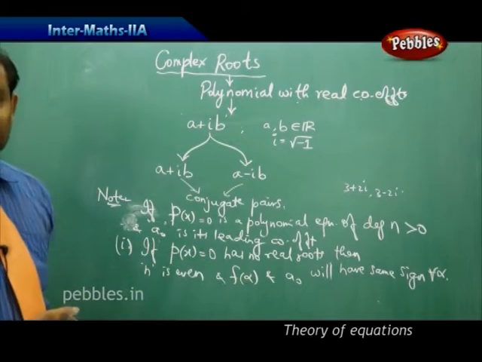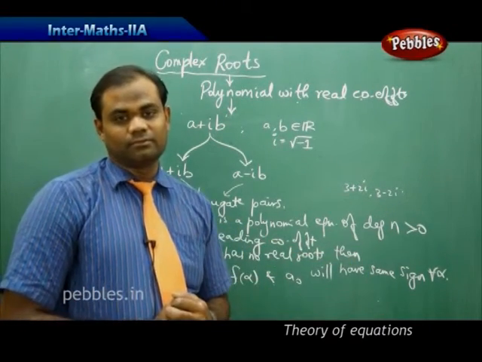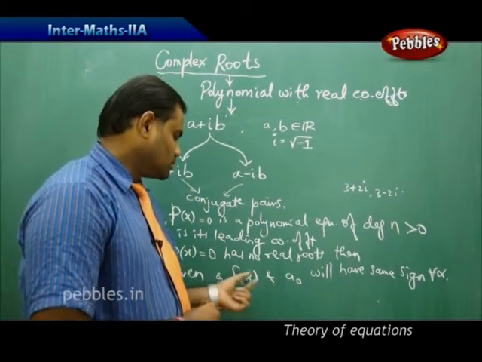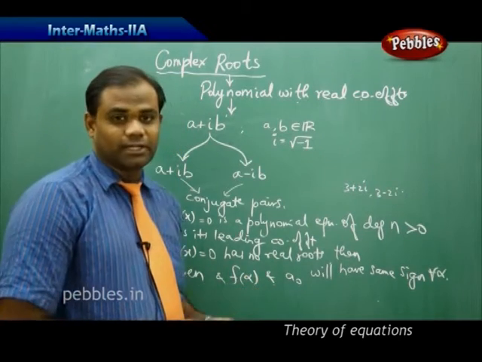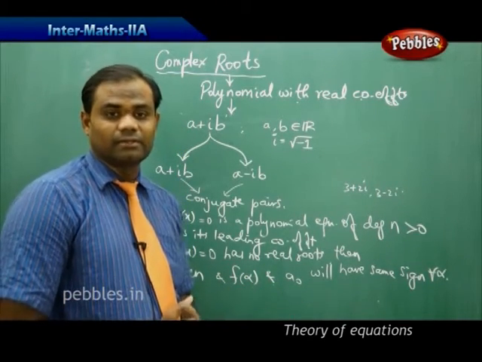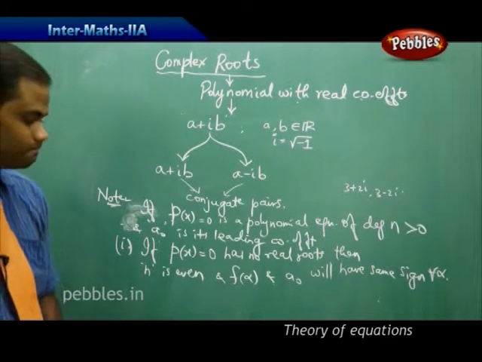And further, f of alpha and a naught will have the same sign for all alpha. So if a naught is positive, this must be positive, or if a naught is negative, f of alpha must be negative. This is the first property.